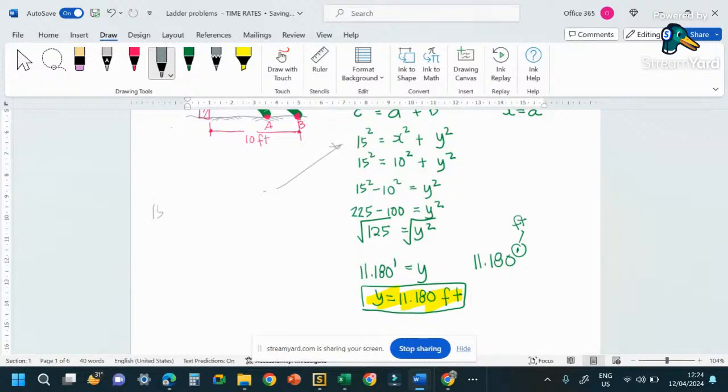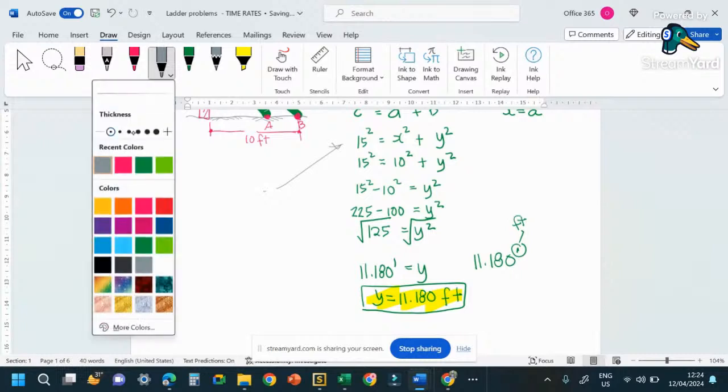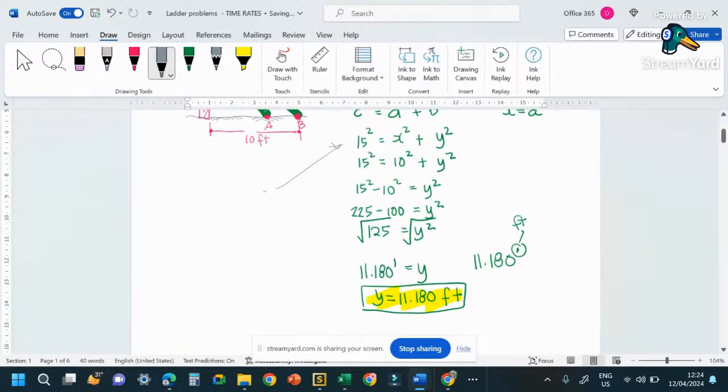15 squared is equal to x squared plus y squared. I think we need a thicker pen. So that's 15 squared equal to x squared plus y squared.